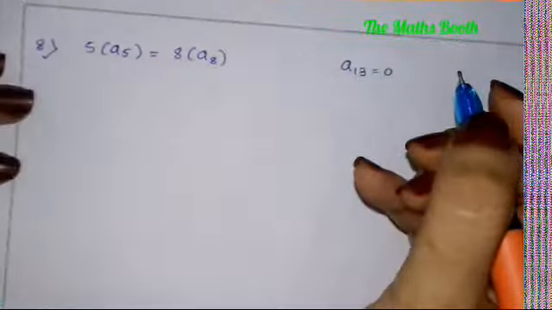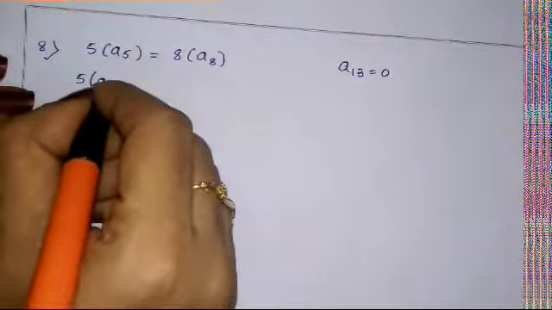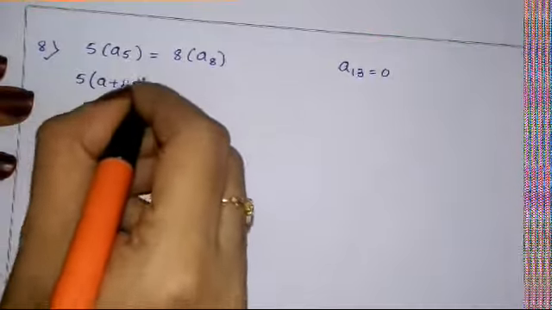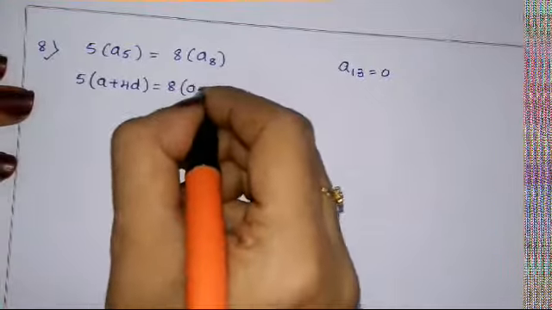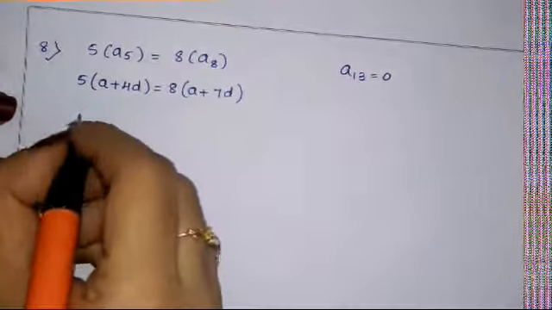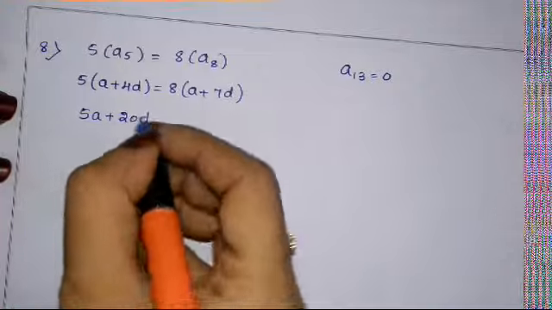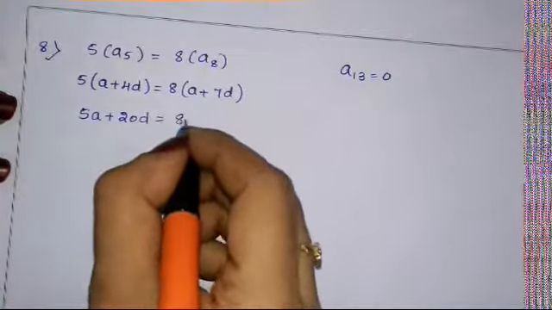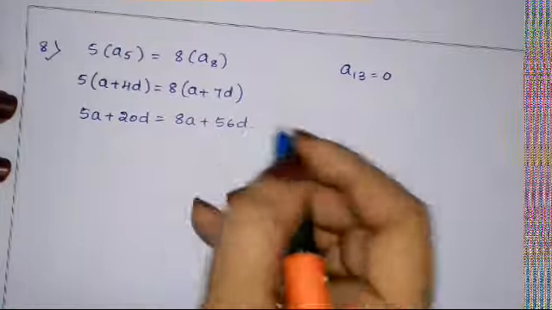Okay, let us prove now. 5 times the 5th term, 5 into A plus 4D is equal to 8 into the 8th term, A plus 7D. So 5 into A is 5A, 5 fours are 20D. 8 into A is 8A, 8 sevens are 56D.